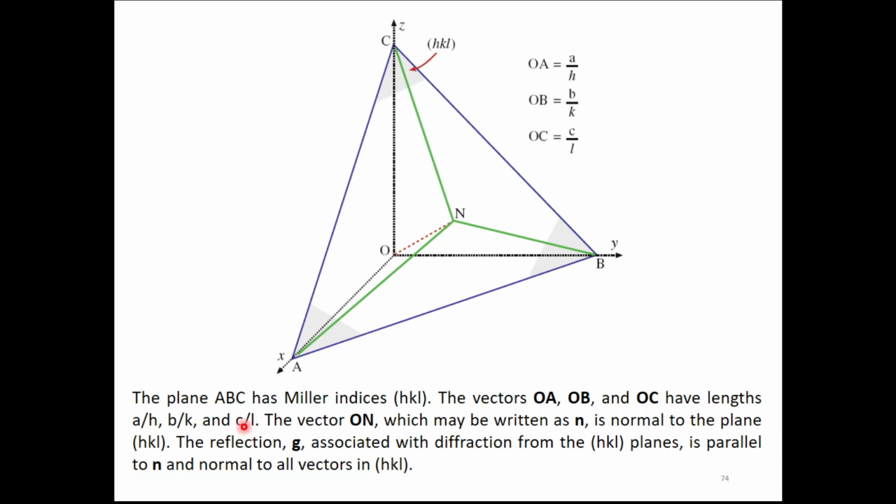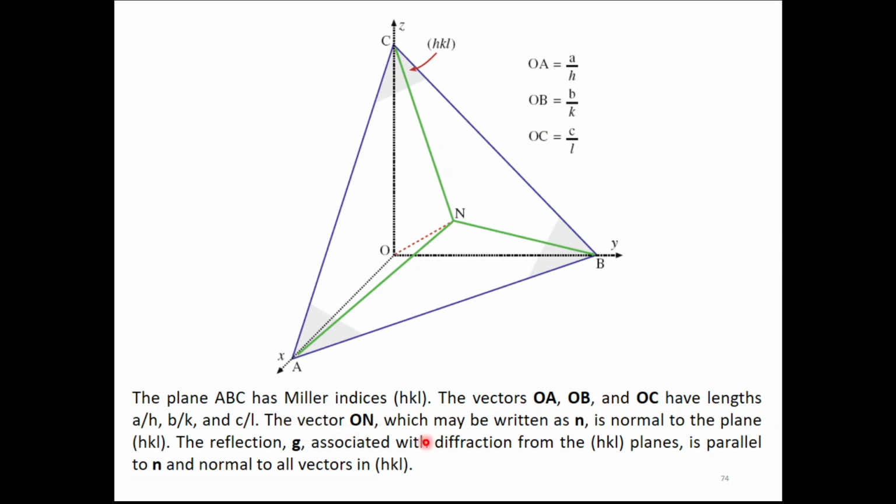These are the lengths now, not Miller indices. The lengths could be obtained with the help of b by k, a by h. So this is like inverting the reciprocals, inverting the HKL indices, and then you can get the intercepts.